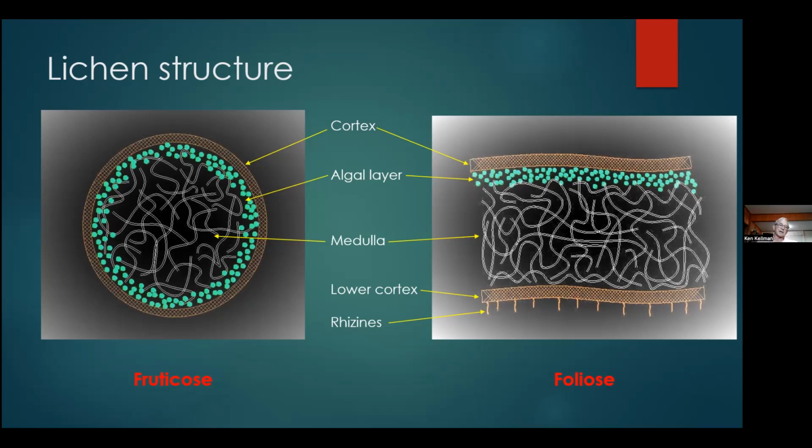Now, on the fruticose side, on the left, we also have the outer cortex and the algal layer directly below it. Because these are three-dimensional, there can be no lower cortex. And so we then have the medulla being the central area of the lichen. And again, the cortex and the medulla are fungal. The only place the algae are living is in that algal layer.